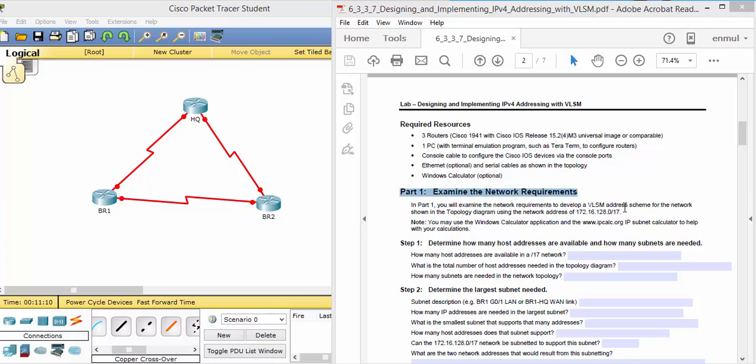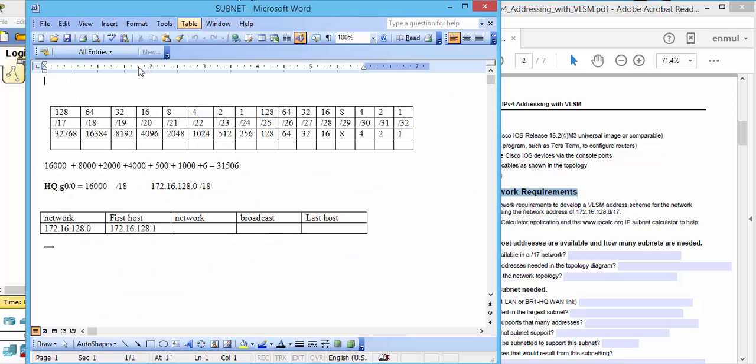So it is a /17 network. If we go to this table, we can see the /17. For the /17, the total number of hosts is going to be 32,768, and out of this, the first one is going to be the network address, and the last one is going to be the broadcast address.